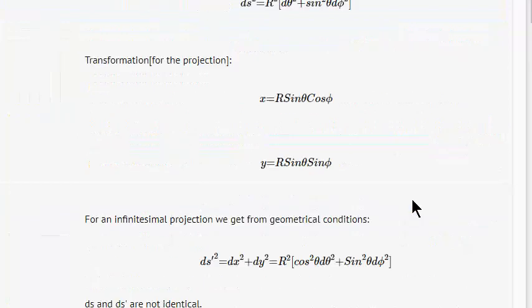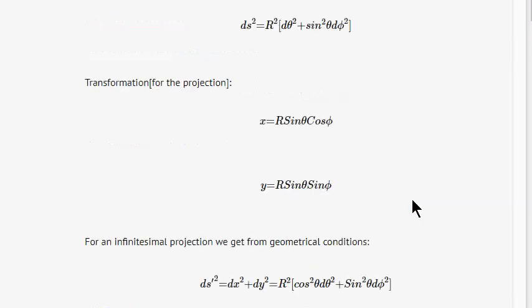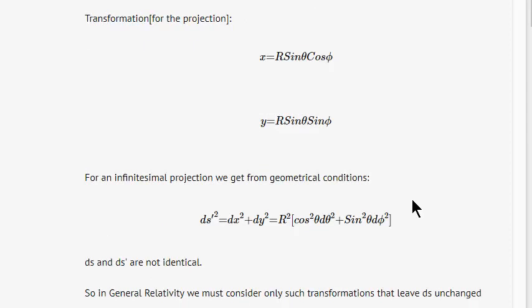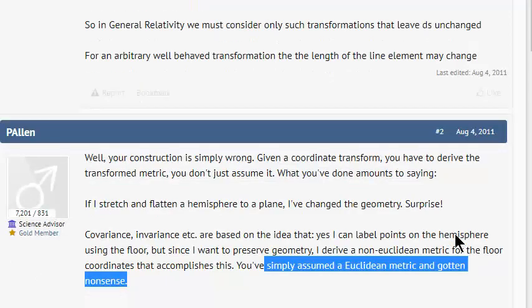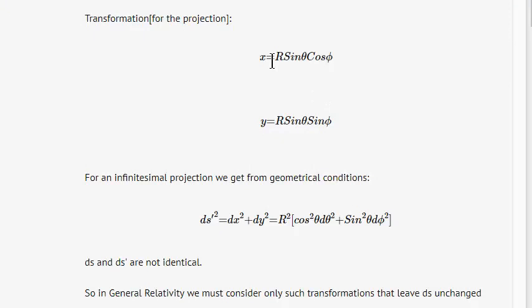No, he assumed a Euclidean metric and he didn't get nonsense. He got something right. I mean, it's either right or wrong. R sine theta cosine phi, R sine theta sine phi. Those look like what you do in spherical coordinates. That's the general simplest form. It's not nonsense.